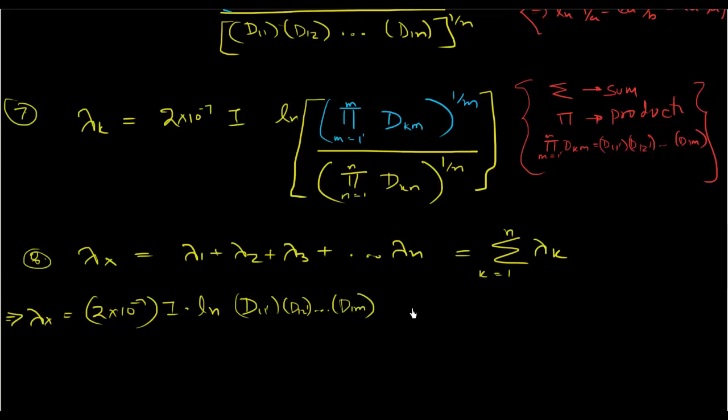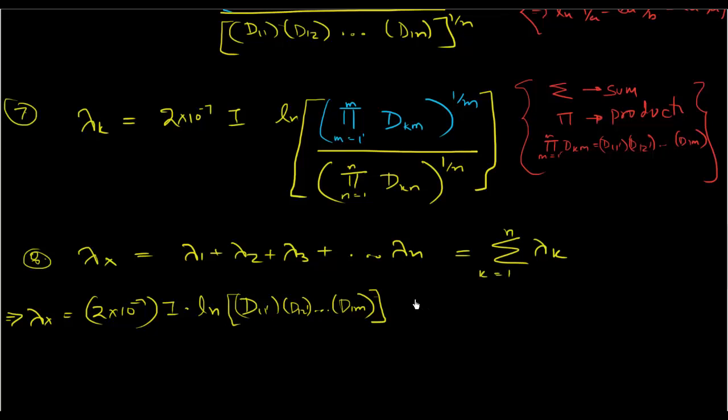I can write plus ln of lambda 2, all the products for strand 2. So that's all the distances for strand 2. But instead of writing plus ln, I'm going to combine that and say that that's a product in itself, right?